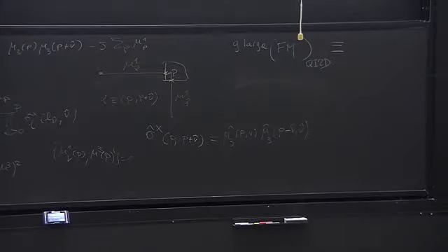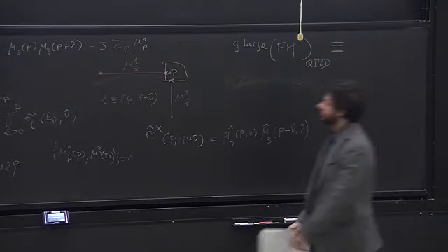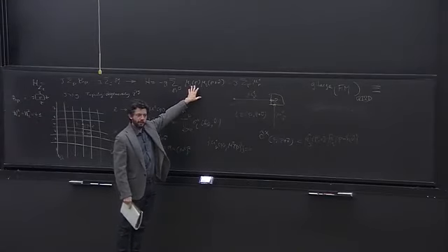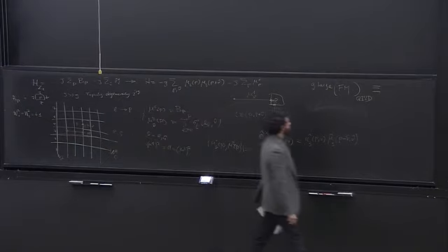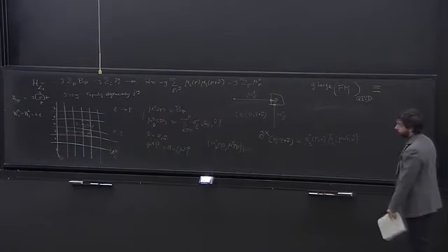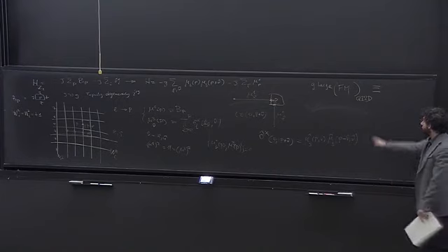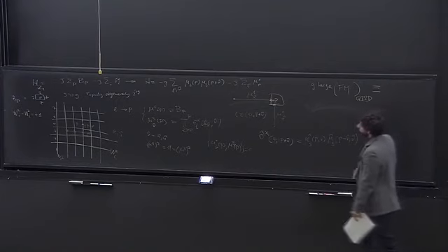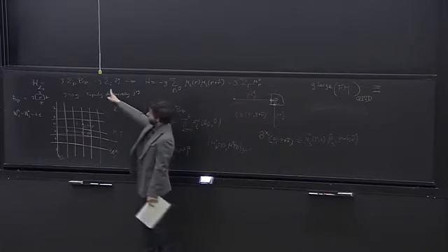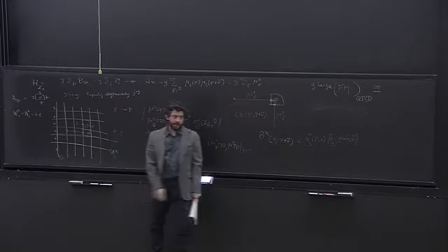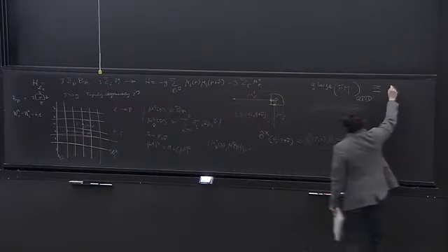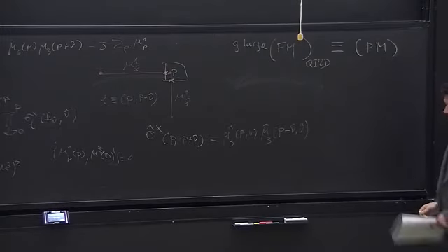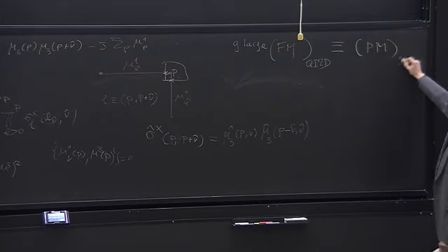Right? This is the model. When G is large, we are in the ferromagnetic phase of the quantum Ising 2D, which corresponds to the paramagnetic phase (PM) of the gauge theory.